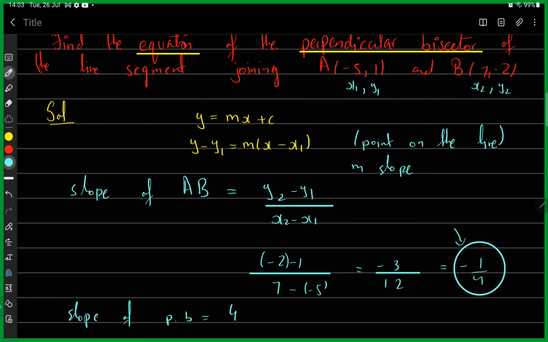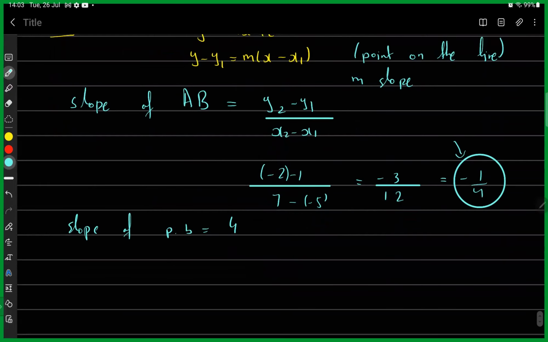Very good. So we got one thing, and for the point on the line, what we can do is find the midpoint of the line segment AB.